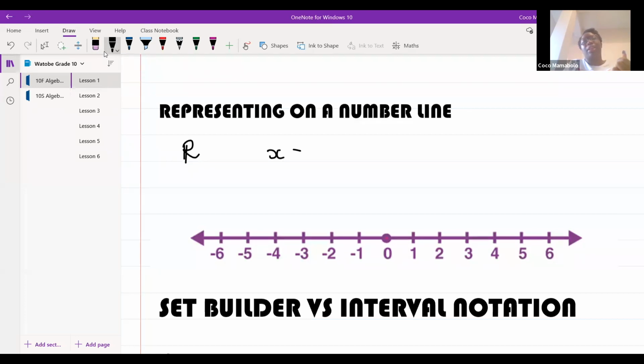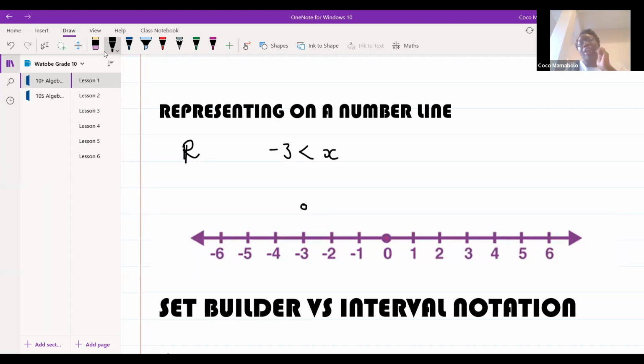Okay, so if I say to you guys that I want X to be greater than -3. Let me write that properly. I should probably do this the other way around. -3 should come first because X is greater. So I want X to be greater than -3. That means I'm looking at every number from -3, everything greater than -3, that way: -3, -2, -1.